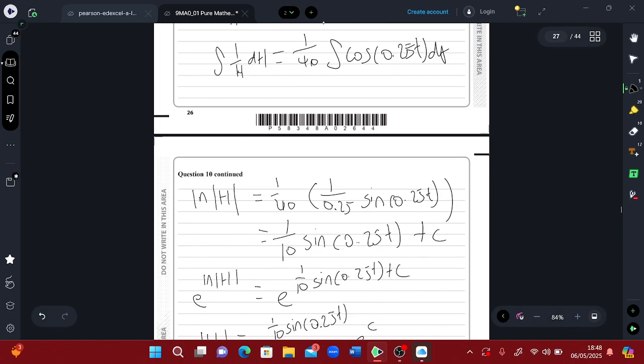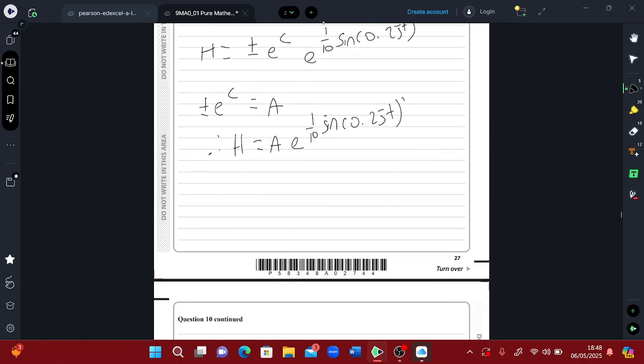So this condition has to be satisfied by the function. Let's substitute this in: h is 5 at t equals 0, into the expression. The idea is we're going to find A. So 5 is going to be A e to the 10th sine of 0, because this will go to 0.